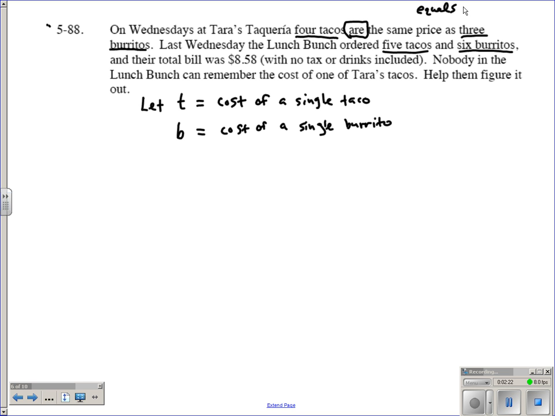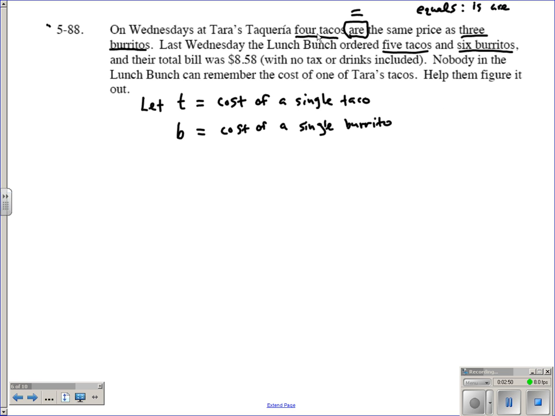Different words like that could stand in the place of equals. So you could also read this as, on Wednesdays at Tara's Taqueria, 4 tacos equal the same price as 3 burritos. See how we can replace that word with equals? That means this is our equal sign.